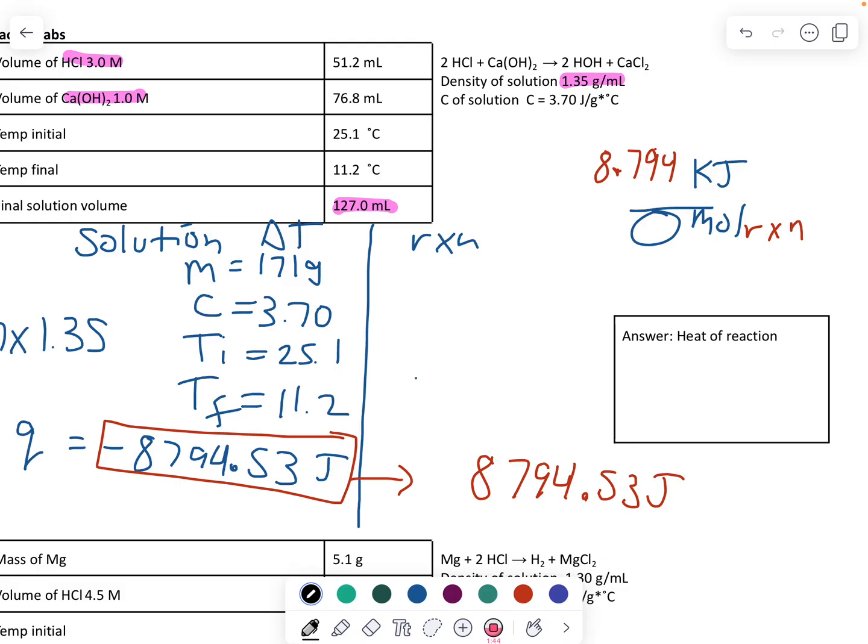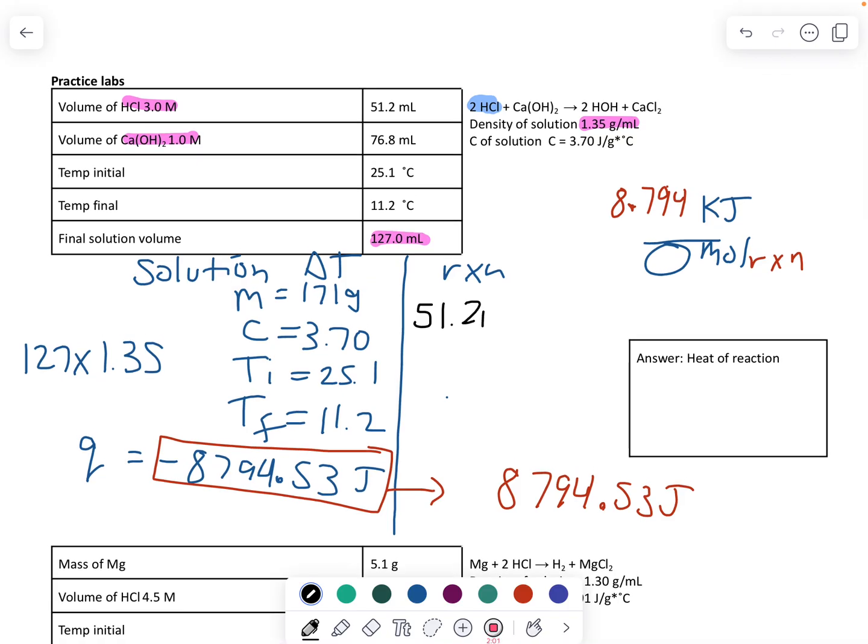In this case, problem's actually set up where either one you choose would work, but I'm gonna use hydrochloric just because I want to. But you could choose either in this problem. So I'm gonna start with my 51.2 mils of hydrochloric, knowing that in the end, what I'm trying to get to is my mole reaction.